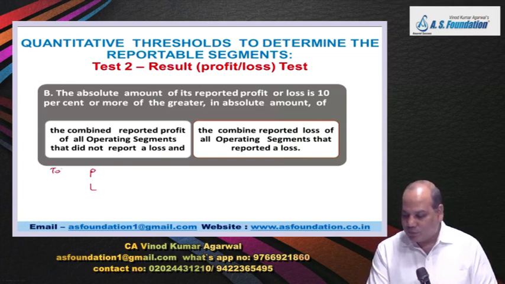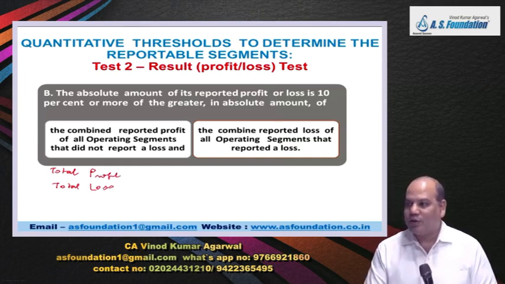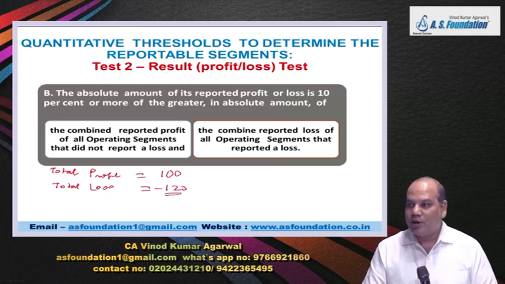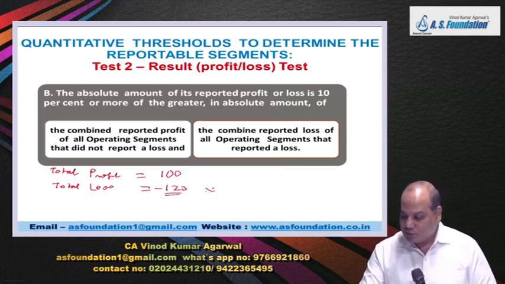Take total profit of profit making segments. Take total loss of loss making segments. Choose higher of the two. Suppose for example this is 100 and this is 120. So I will choose 120, ignoring the negative sign, into 10%, that is 12.